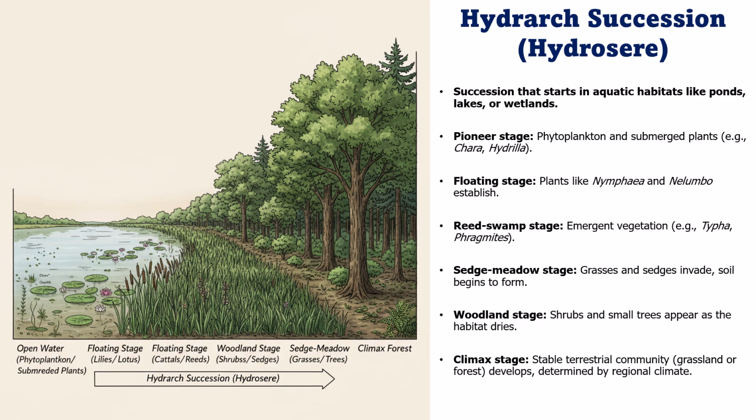As organic matter accumulates, marshy vegetation including reeds and sedges colonize, eventually giving way to shrubs and trees. Over time, the aquatic habitat is filled with sediments and becomes dry land that supports a climax community, often forest or grassland, depending on the regional climate. Hydrarch succession illustrates how water ecosystems evolve into stable terrestrial ecosystems.